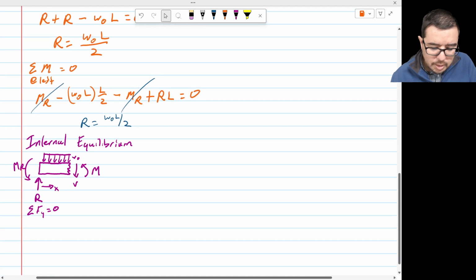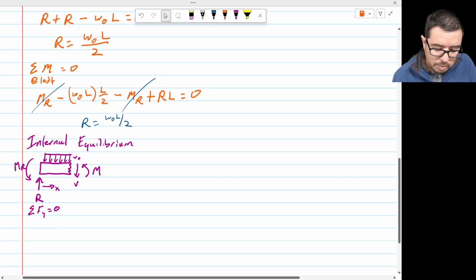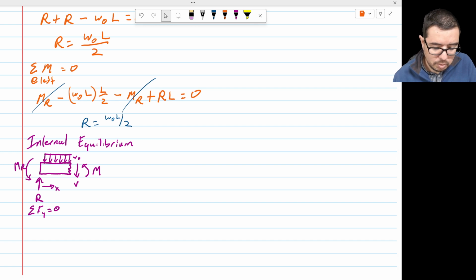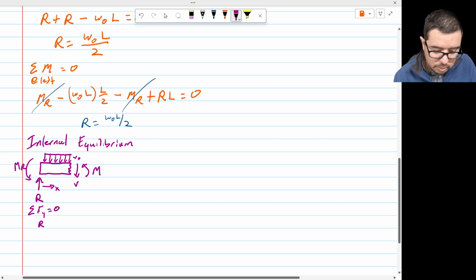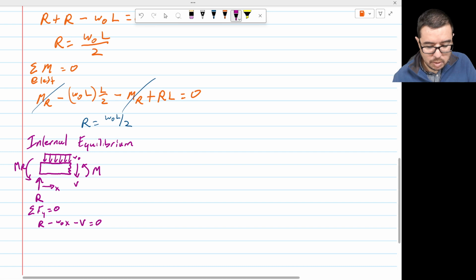So let's do the equilibrium here. We have R, V, and W naught. So we're going to have R upward, we'll have W naught x downward, and we'll have also our V downward, and that will be equal to 0. Okay, and yes, we can put in what R is equal to.